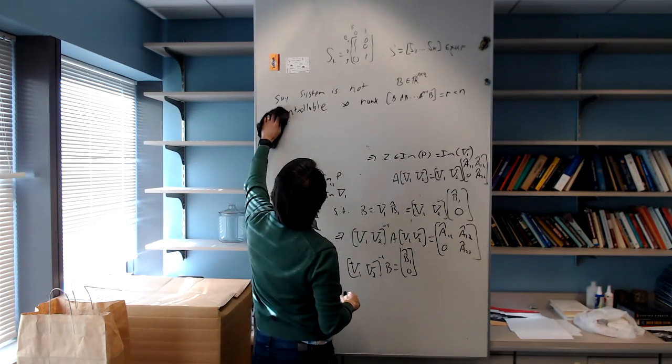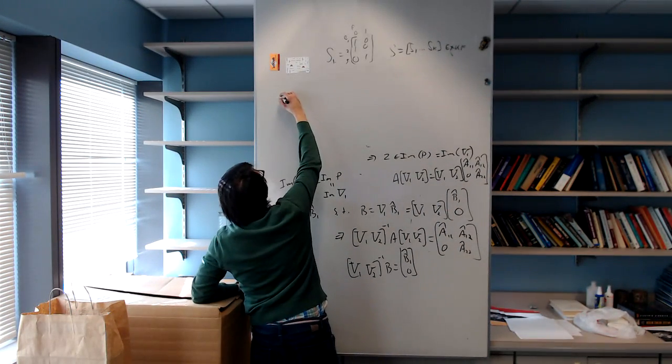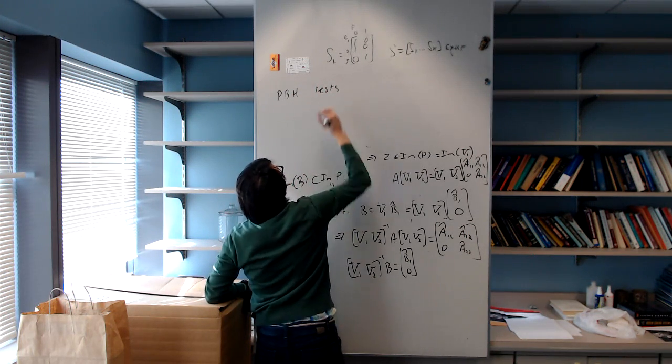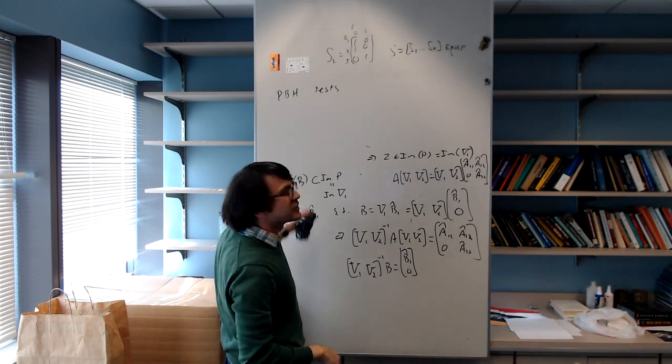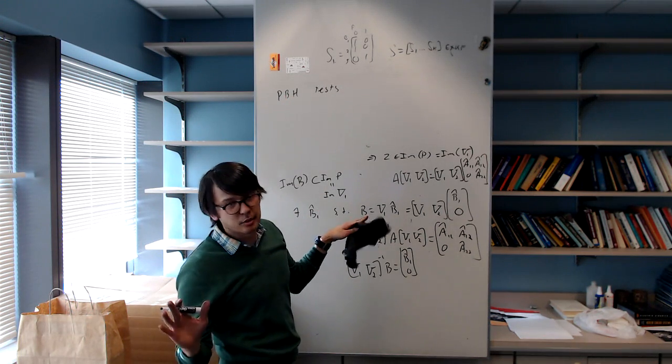Now the final thing that we're going to deal with in controllability is the PBH test. These are people's names, but I don't actually remember all the names. It's in the book.